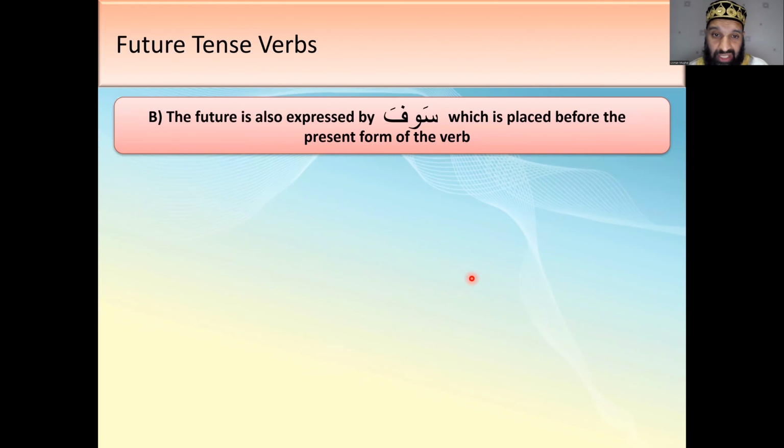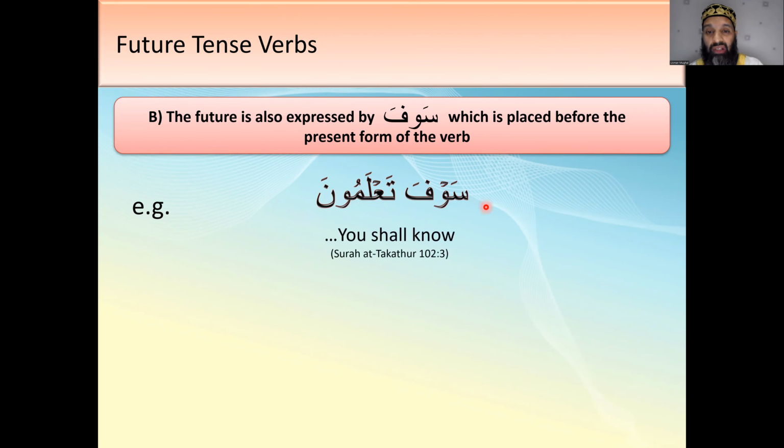The second way to tell if a verb is future is when sawfa comes in front of a present tense verb. So sawfa means soon, and ta'lamun, you all know. So it means you will all know. Sawfa, I think, translates as soon in the Quran, right?